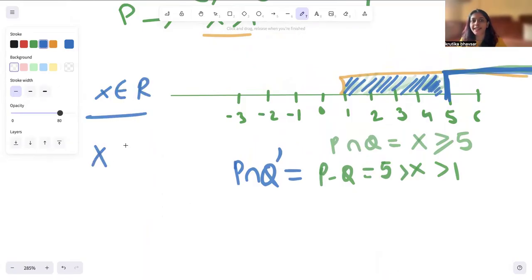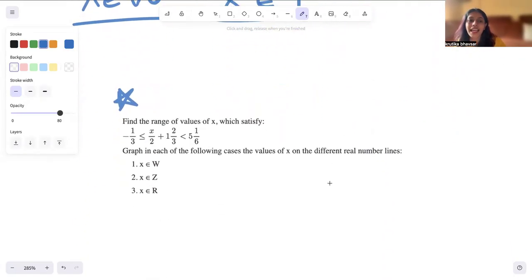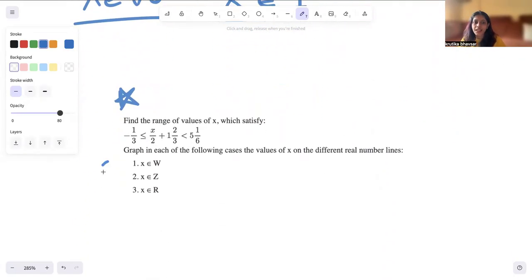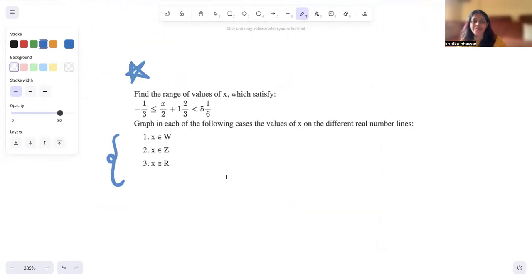There was a question where X was belonging to natural numbers, one where X was belonging to whole numbers, and we also did a question where X was belonging to integers. And here we're going to see a little bit of a combination of all of them.